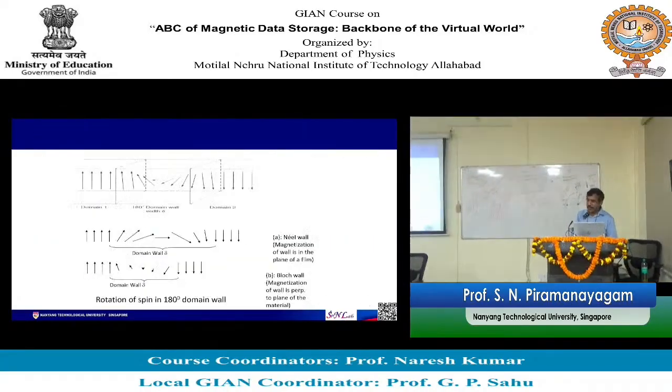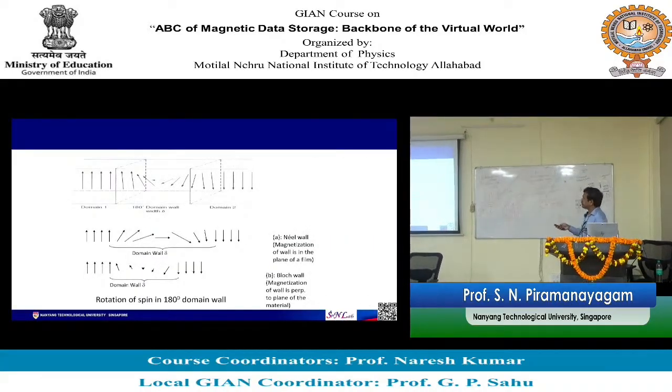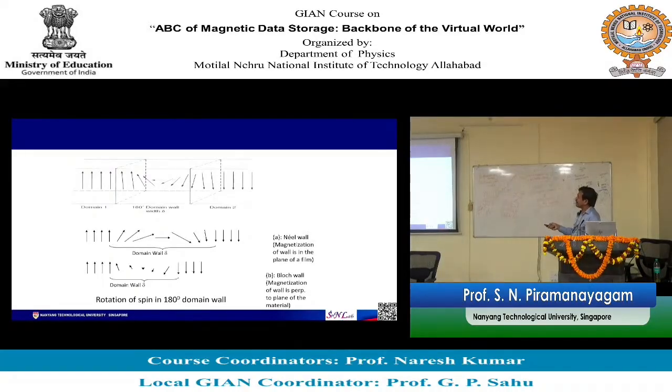So, let us go back to this picture for example. Let us say this is a sample with a perpendicular magnetic anisotropy, which means the easy axis is in the perpendicular direction. These spins are parallel to the easy axis, so they are at low energy. These spins are also parallel to the easy axis, so they are at low energy.